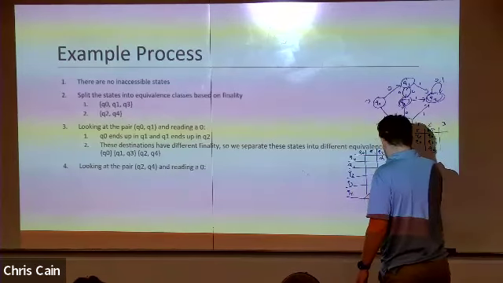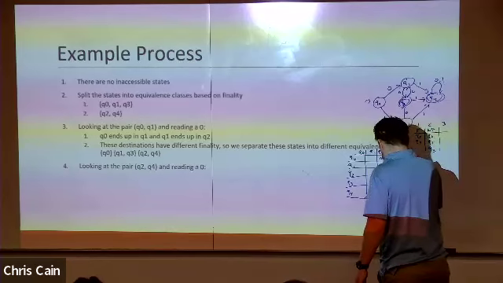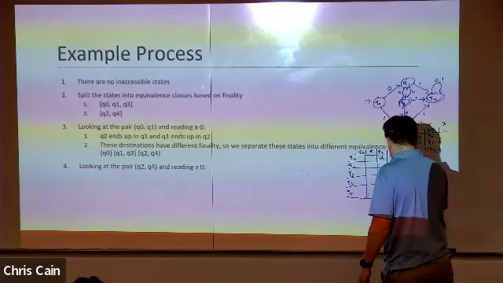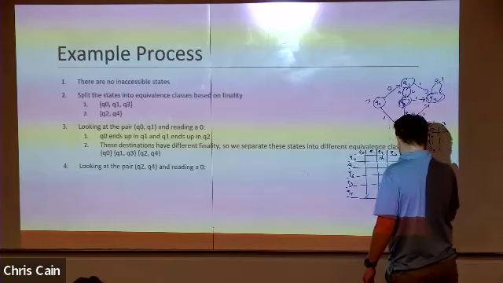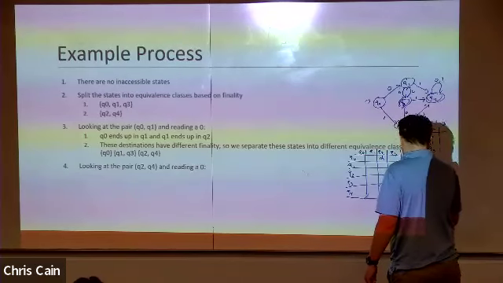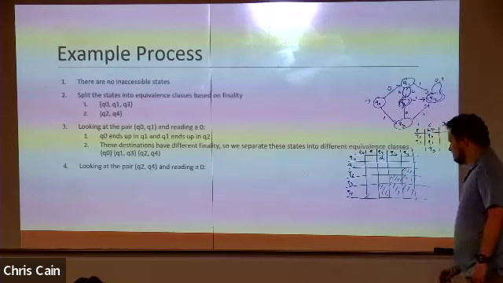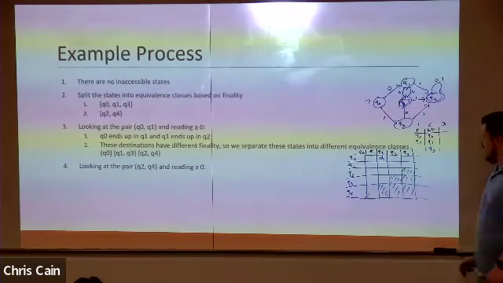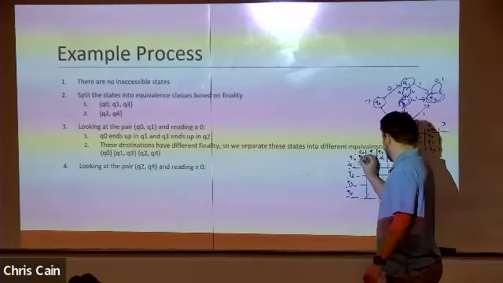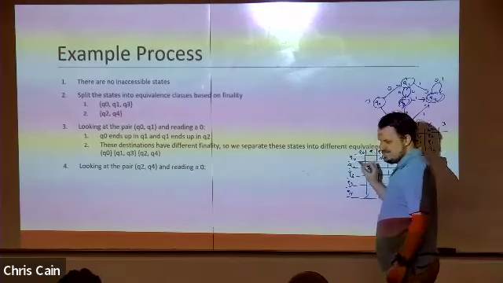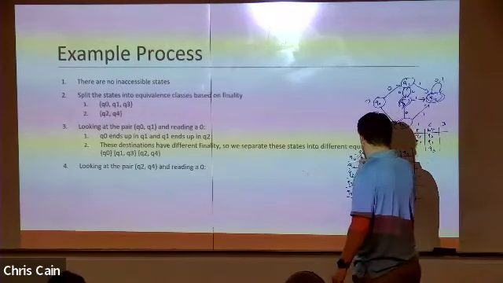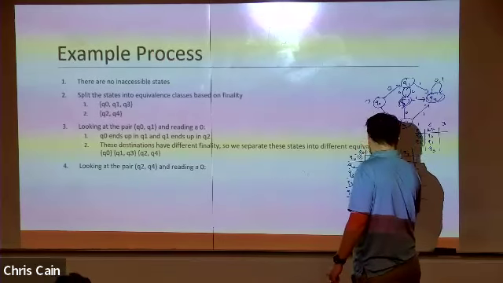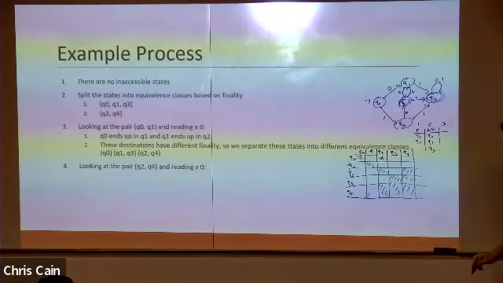We really only need half, and we don't care about things with itself. We know that Q0 is indistinguishable from Q0. So we don't care about that, that, or that. So we really only need to answer everything else.